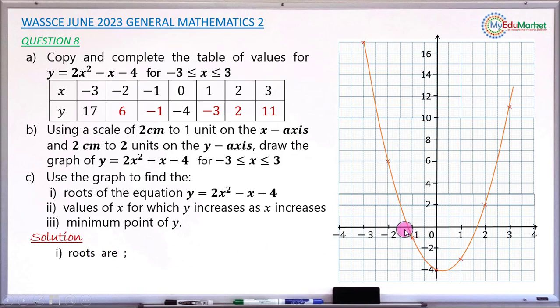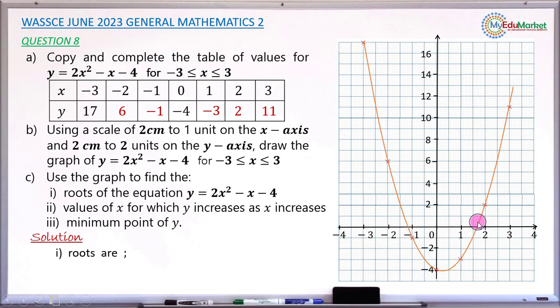So the roots of this very equation would now be, you try to estimate what will be here. This is -1. There are 10 small divisions from -1 to -2. So each small division is going to be 0.1. So if this is -1, moving down here, this is somehow 2 small divisions, so it's going to be -1.2.